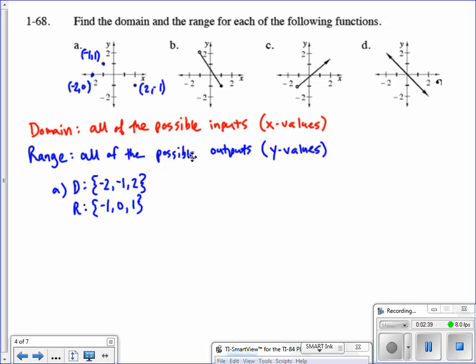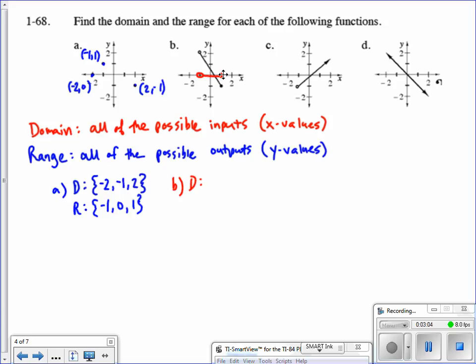Let's look at B now. We've got not just points, we've got a segment. And that segment starts here on the x's, an open circle here, and it goes all the way over to here. So we have 2 endpoints. So we're looking at 2 inequalities there.